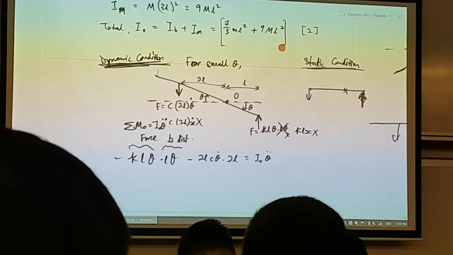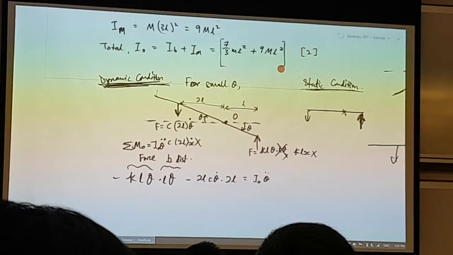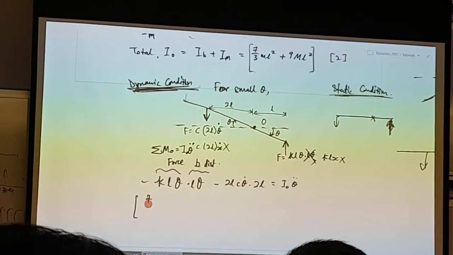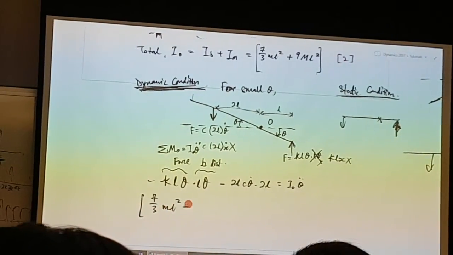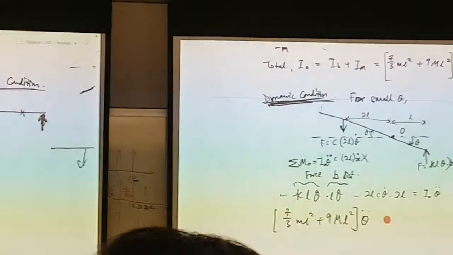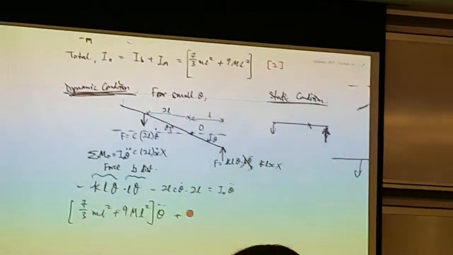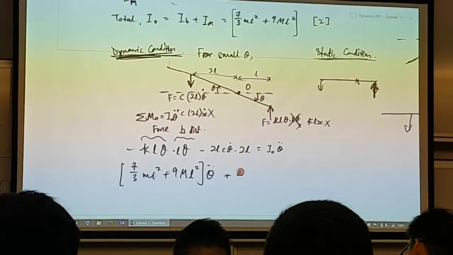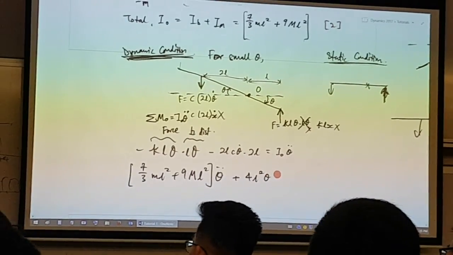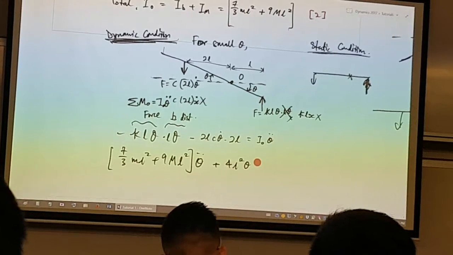So I'll put that one in and do a little bit of simplification. So I'll have that 7/3 ml squared plus 9 ml squared theta dot dot, plus this is 4L squared. It's not L theta, it's theta only.